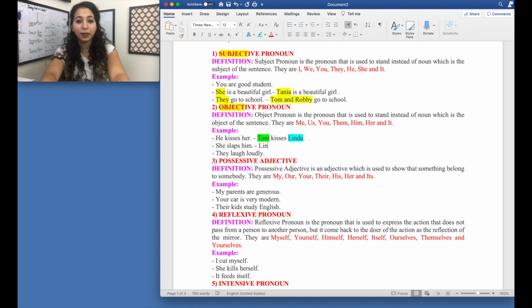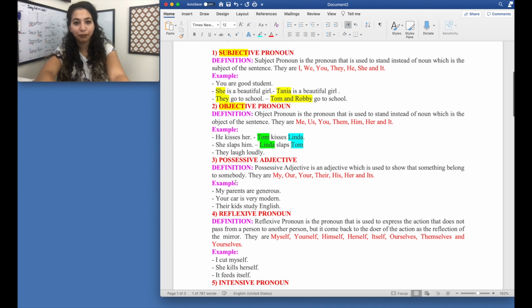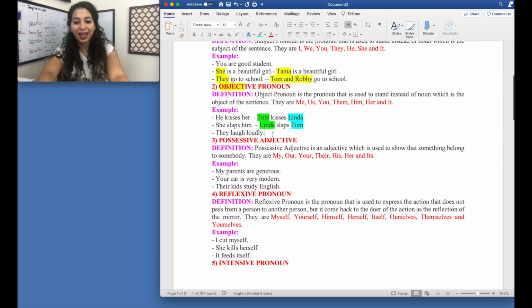Linda apparently doesn't want to be kissed by Tom, so Linda slaps Tom. Okay, so here we see Linda is now the subject of the sentence, and so we replace Linda with she. And Tom is the object of the sentence, so we replace it with him. They laugh loudly. Linda and Tom laugh loudly.